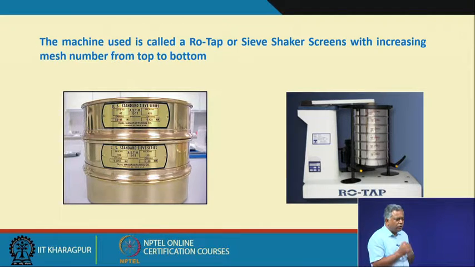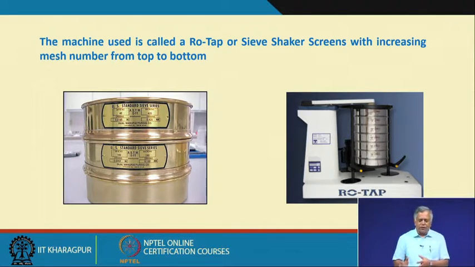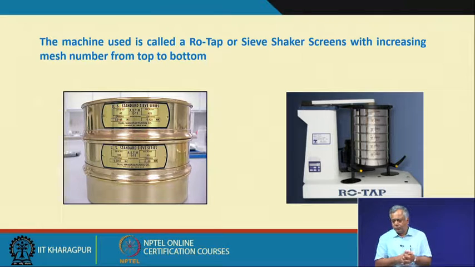If they are not more than 5% of my initial sample weight, like I started with 200 grams, then the weight retained on the 600 micrometer sieve should not be more than 5% of 200 grams, that is 10 grams.